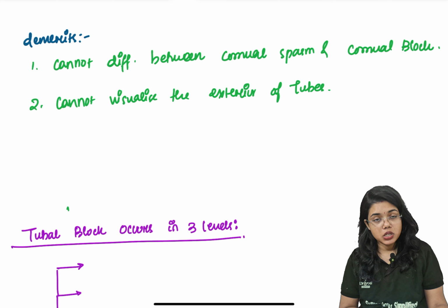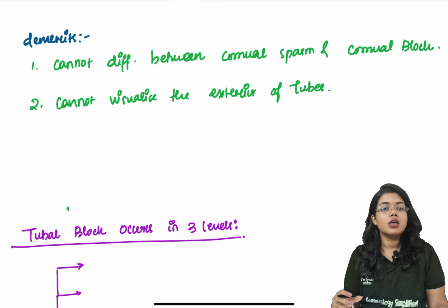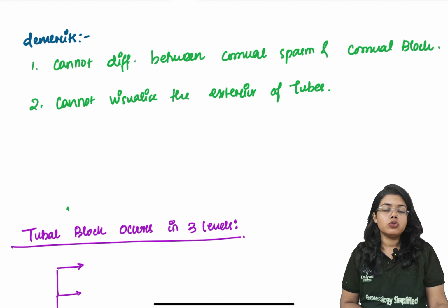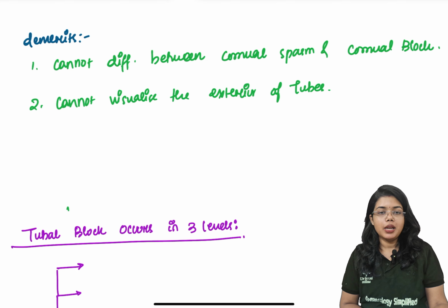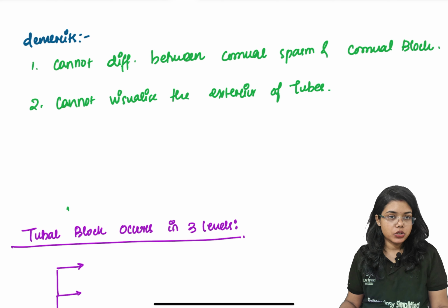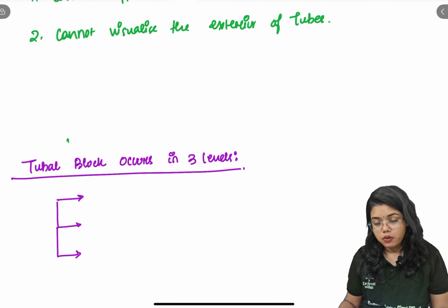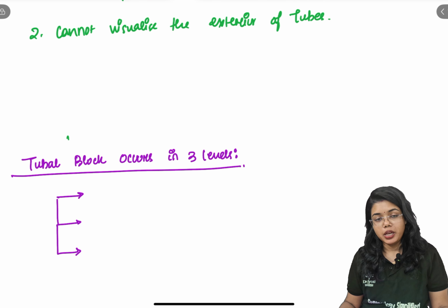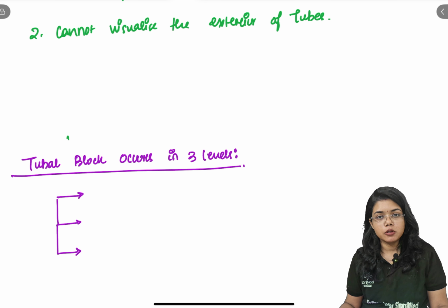Due to the process of HSG itself, there occurs spasm of the cornu. So that will mimic as block. Okay, bilateral proximal block, it will mimic as block. So we cannot differentiate that in HSG. And also we cannot visualize the exterior of the tube. That will be best visualized in laparoscopy.